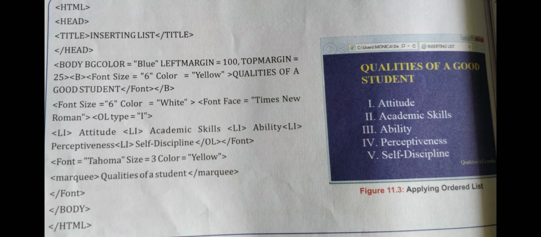After you put your OL, you have to put type equal to 1 or A or anything. Now you have to start your LI tag, and then keep on putting all your points, which are your topic. After that you have to close your OL tag, and then close whatever you have opened, and that's it. It's as simple as that.